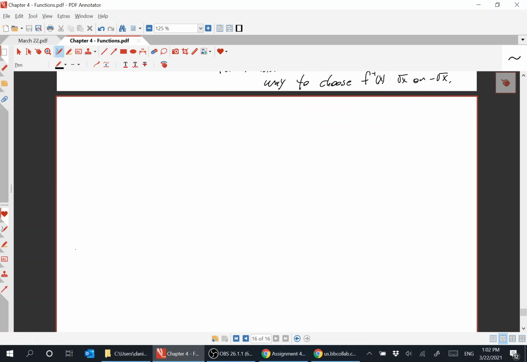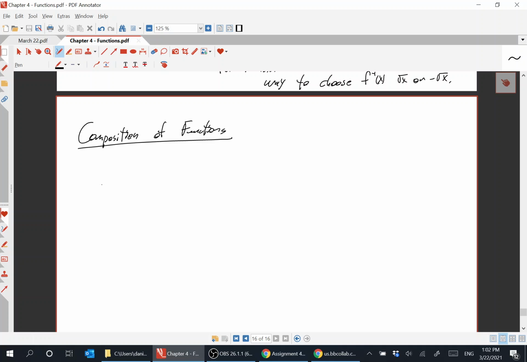The final topic in this section, which isn't on the fourth assignment, but we will talk about it in the last chapter on metric spaces, is composition of functions. So let's talk about it here.